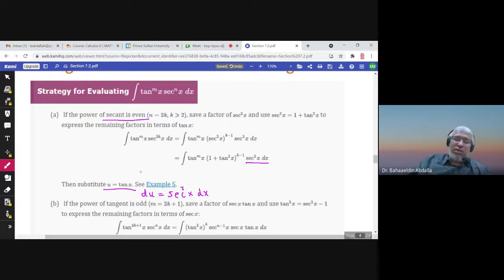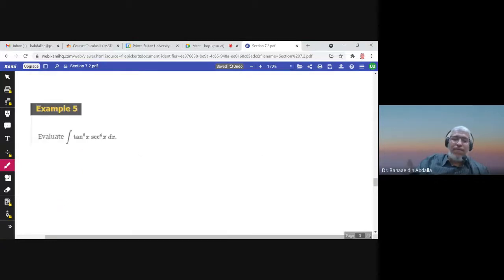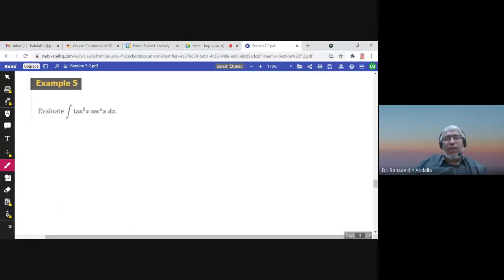Let us see an example. I have tan to the power 6, secant to the power 4. I have secant to the power 4, so immediately I write u equals tan x. And then du would be secant square x dx. And I need to change the integral so I can use this substitution.